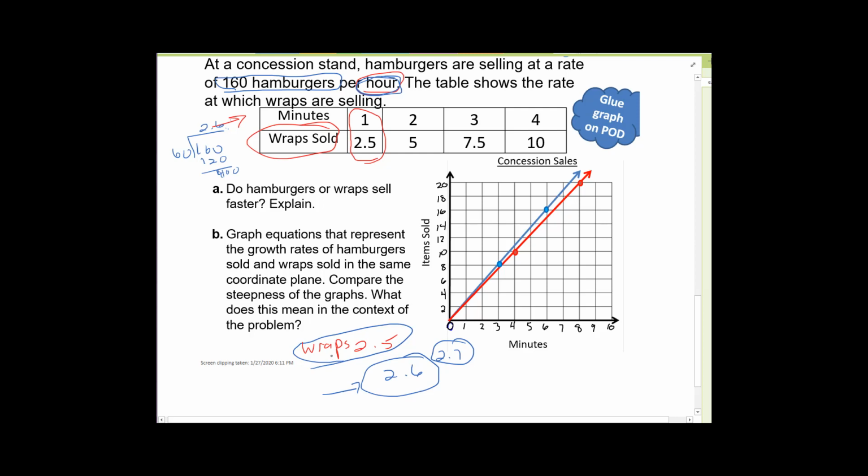So if we did the graph of the wraps here. So wraps sell, let's see, what's a good place to look? We need to find a good place. 3 and 7.5. Here's 3. So the wraps, you see the 3, 7.5?